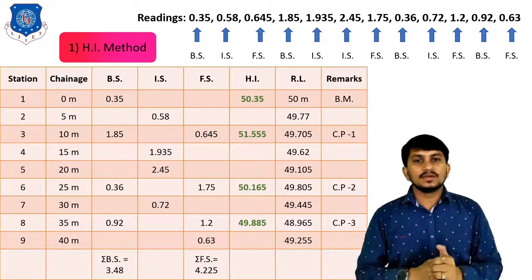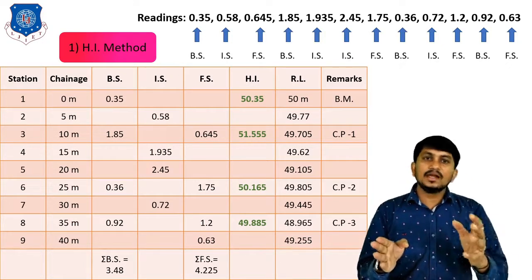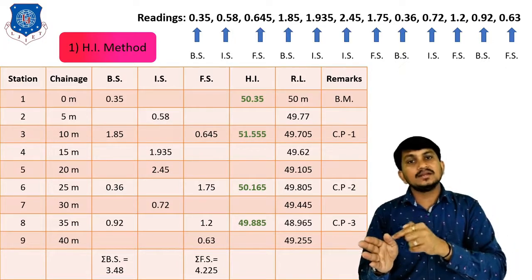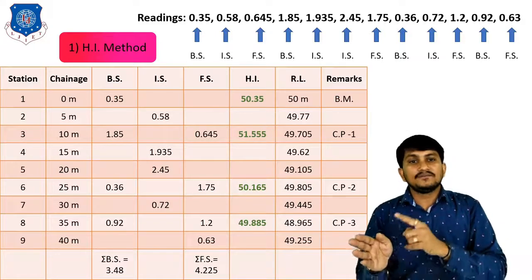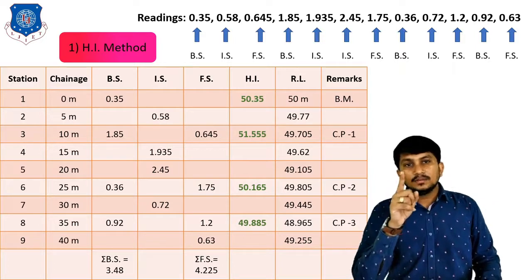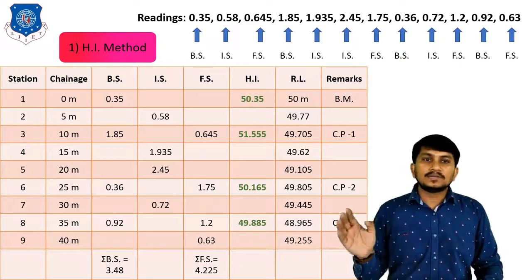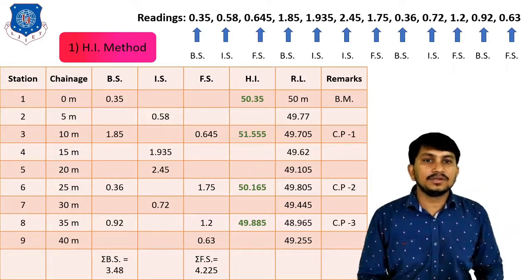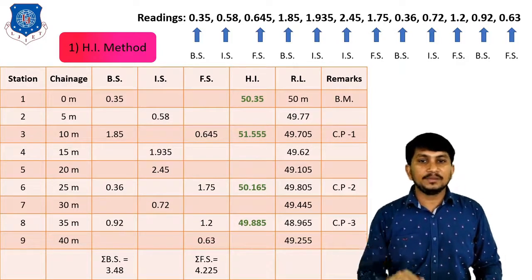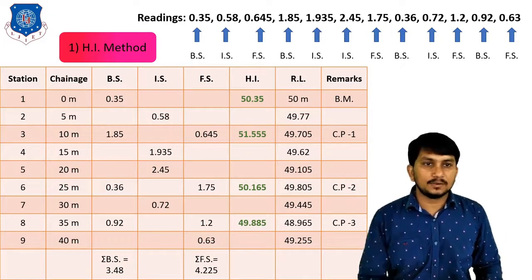Next reading is BS. After the third reading, the instrument was shifted. After shifting the instrument, the first reading is taken at the last point, where FS was taken. So FS and BS are there for the third station. BS 1.85 is written in the third station. After this IS is 1.935, then 2.45 at 20 meter, then FS at 25 meter is 1.75.